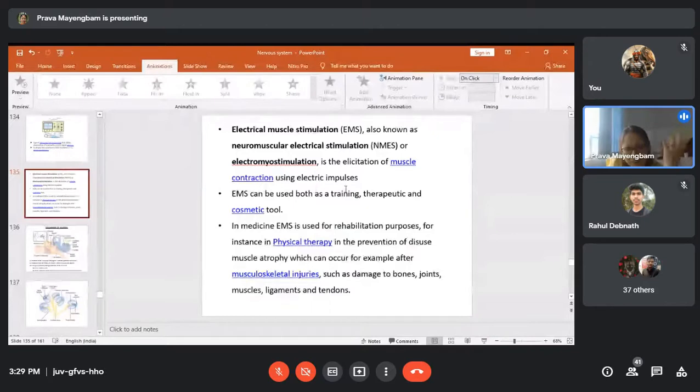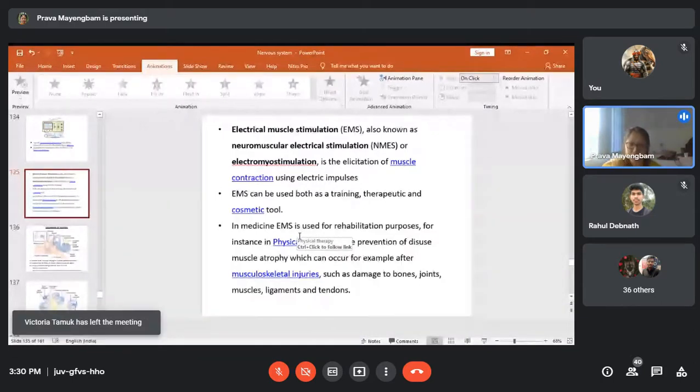This kind of technique is used in physiotherapy, when there is some injury or fracture, or where jaw movement is restricted, or the leg in case of a stroke in a human being due to a heart attack. Maybe the leg, maybe the hand, or maybe the jaw muscle, maybe the lip movement is not there.